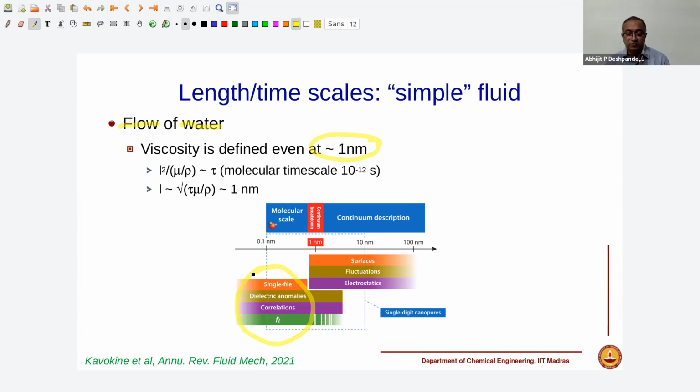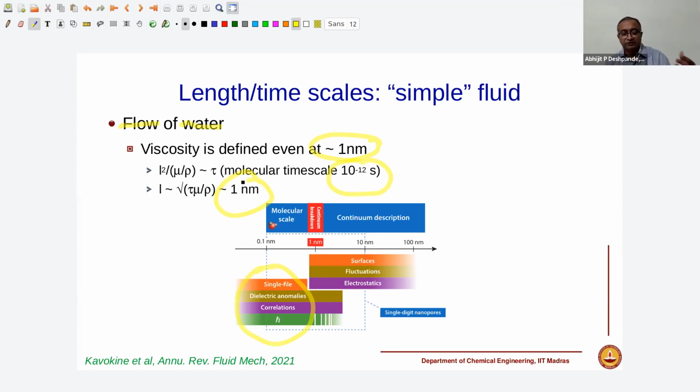It also has several other consequences. And so for water, given the time scales involved, which are 10 to the power minus 12 seconds, 1 nanometer is a length scale which is good enough, 1 nanometer and higher, for us to assume bulk behavior.